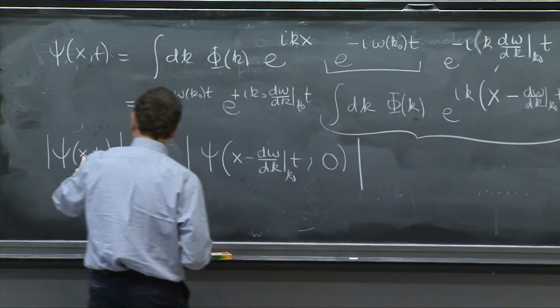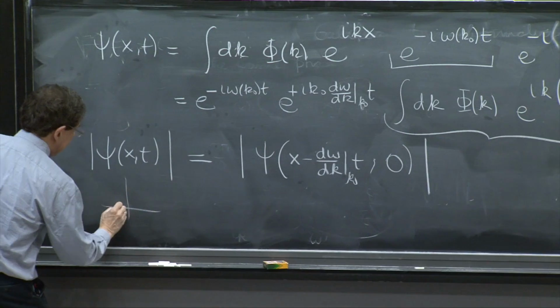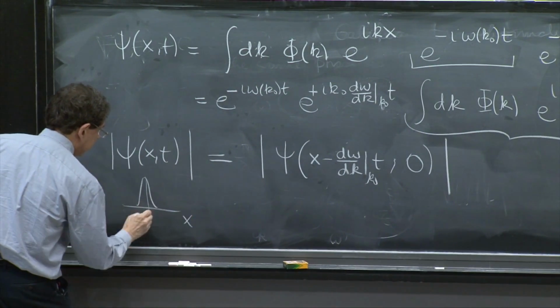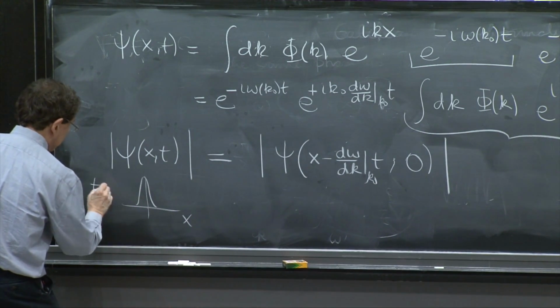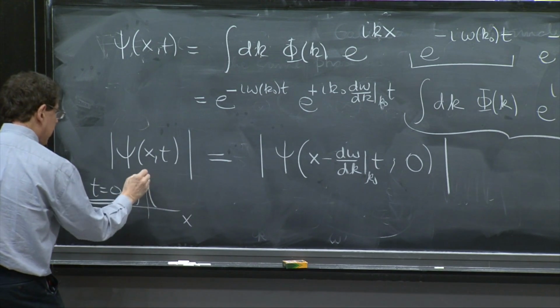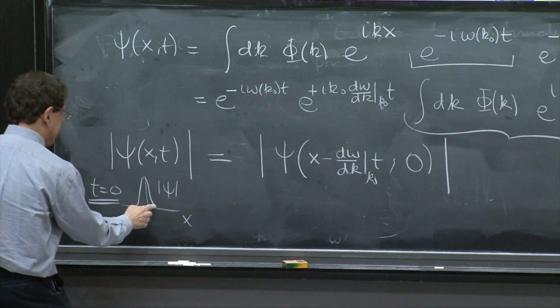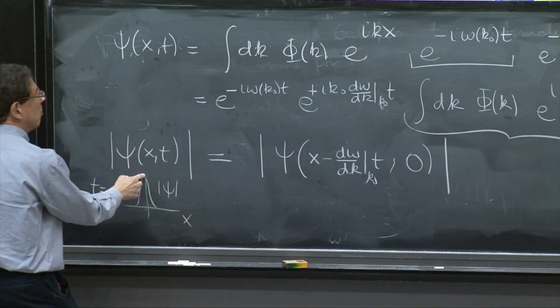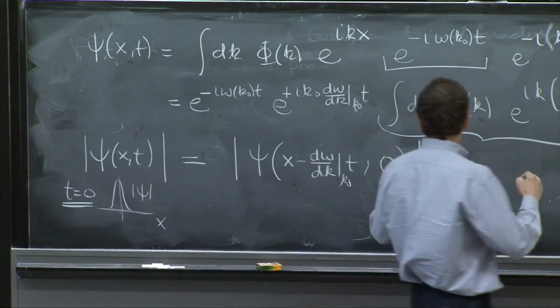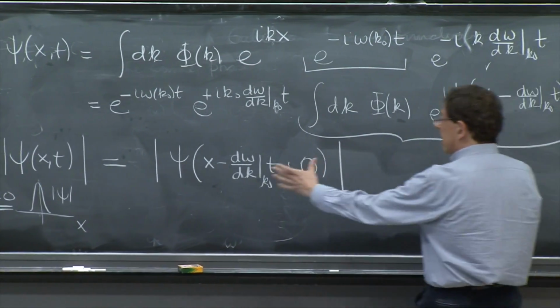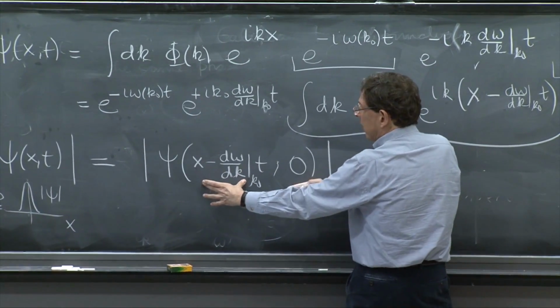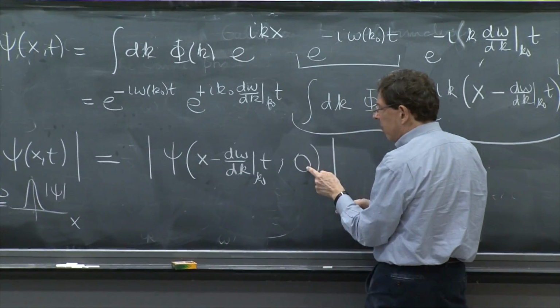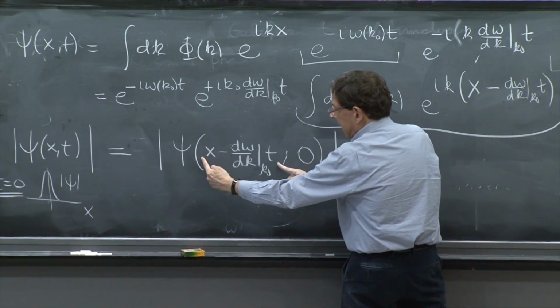If psi had a peak when x is equal to 0 at time equals 0, then this function will have a peak when its argument is 0.